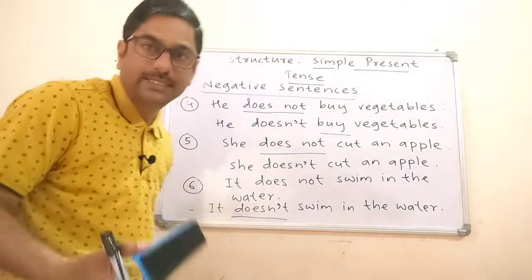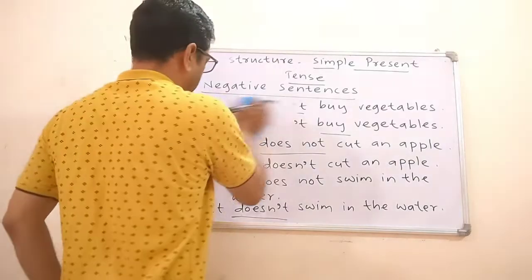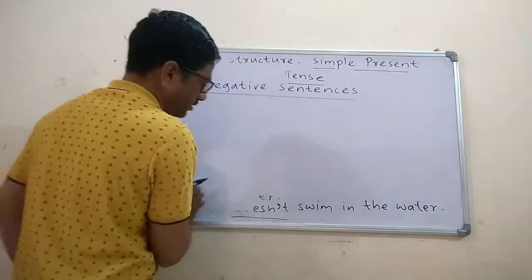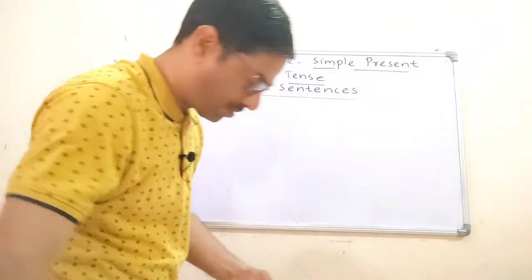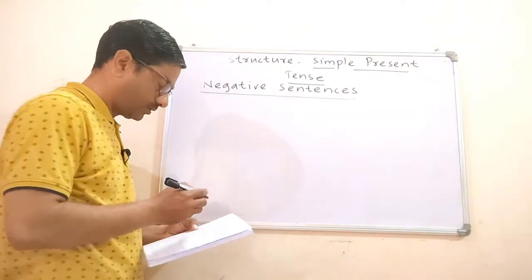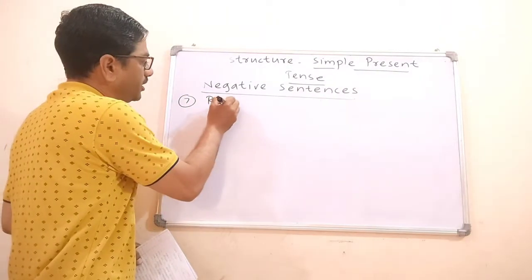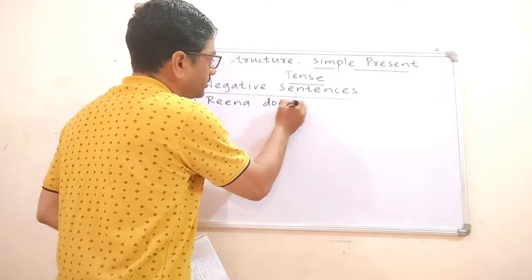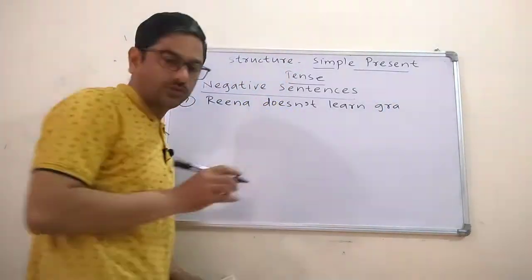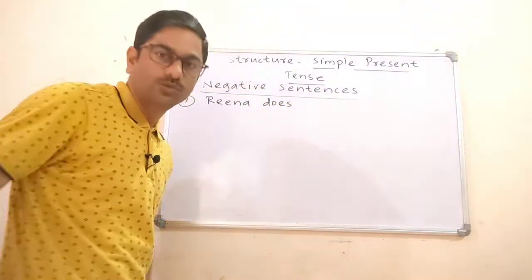We will study a few more sentences so that you will understand simple present tense in a better way. Reena doesn't learn grammar. Sorry friends, first we are making use of full form, and in the coming sentences we are making use of short form.